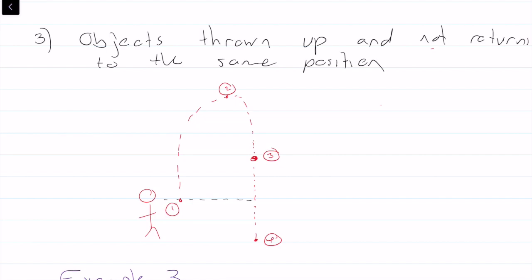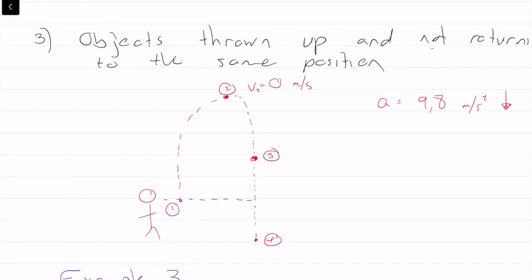Okay, and just to remind you on some theory, acceleration in free fall especially is always equal to 9,8 meters per second squared downwards. At point 2, we have the ball being stationary, so the velocity at 2 is equal to 0 meters per second.